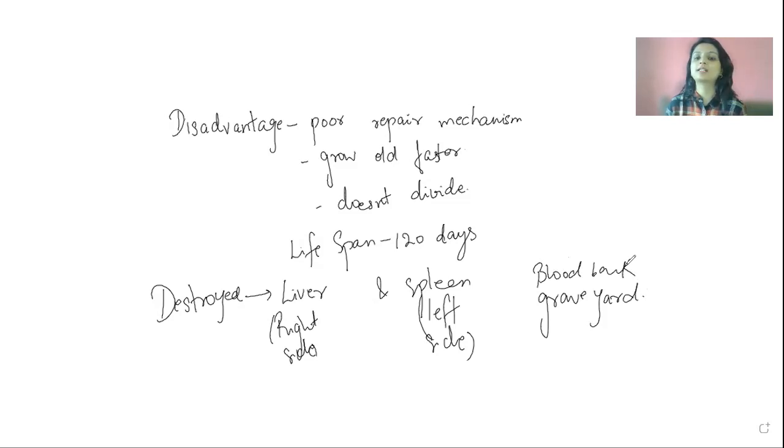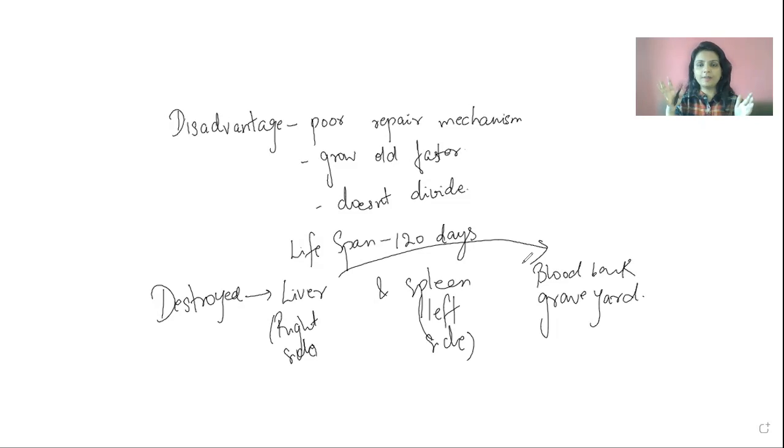In the embryo, RBC is produced in the liver. That's why it is called the blood bank also. And later, when a person matures, that's where the red blood cells are killed. So it is a blood bank as well as the graveyard for the red blood cells.